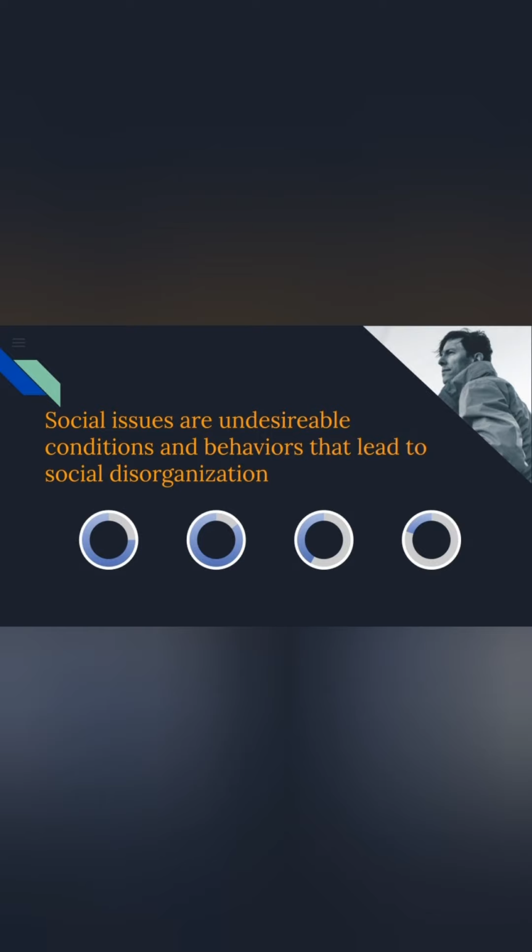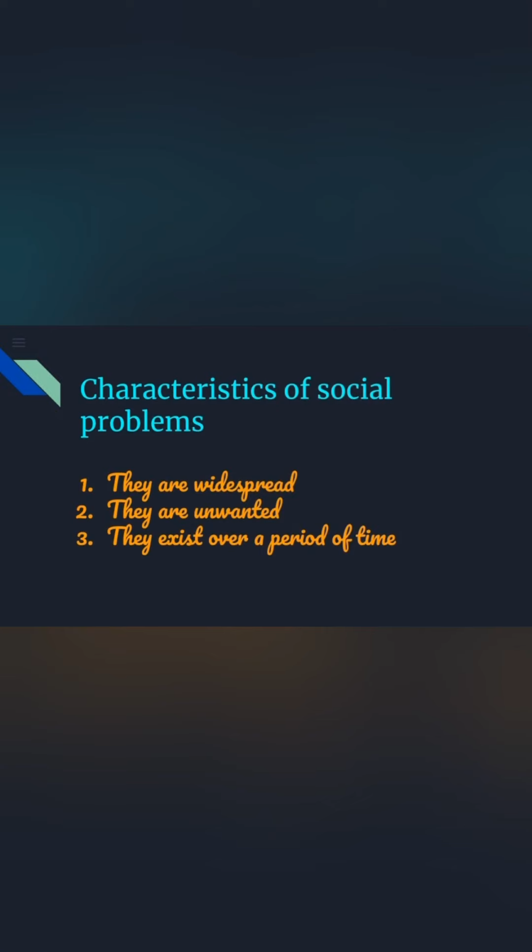Now, there are certain characteristics that we may use to identify social problems. The first characteristic: they are widespread. So usually a social problem is something, as we said, that affects a large number of persons. Number two, they are unwanted. So it's not something that we want to happen.